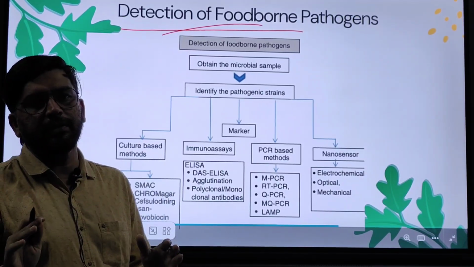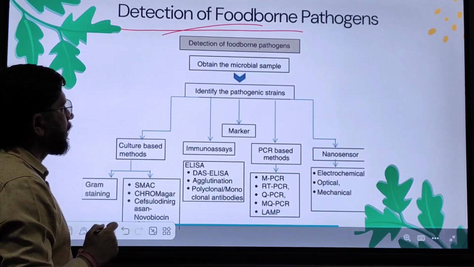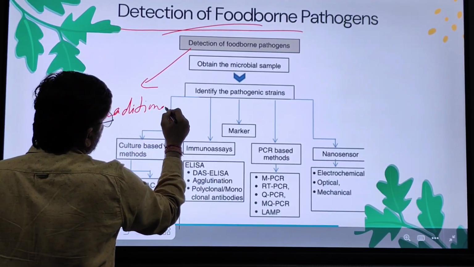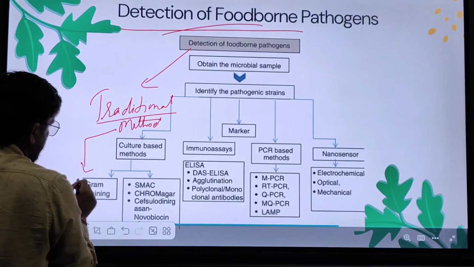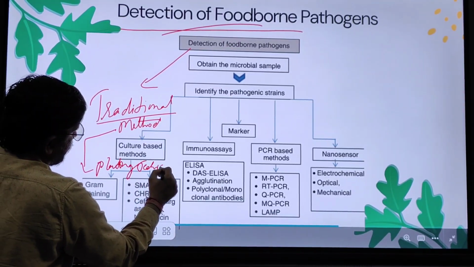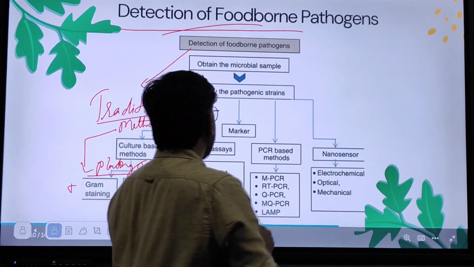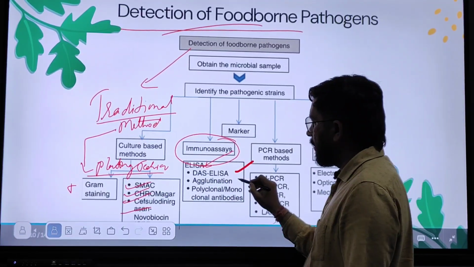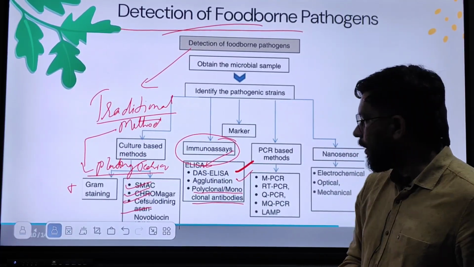Early detection is always advantageous in order to diagnose and to start medication, etc. So detection can be based on traditional methods, which involve Gram staining plus plating techniques, culturing in enrichment media, etc. Along with this, you also have immunoassays such as ELISA and agglutination tests with monoclonal and polyclonal antibodies.